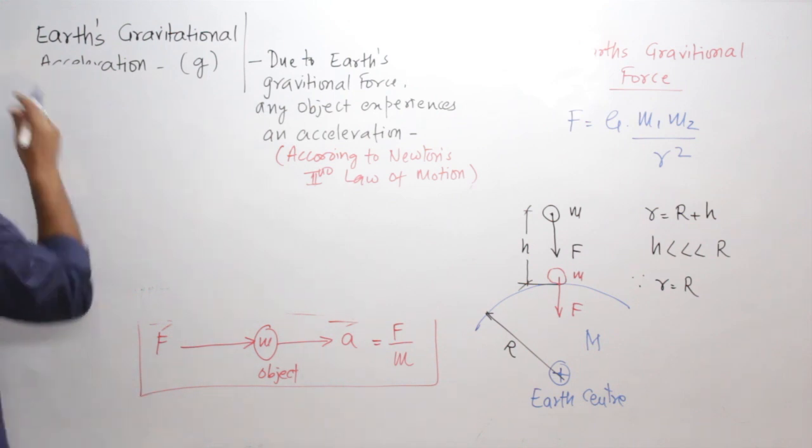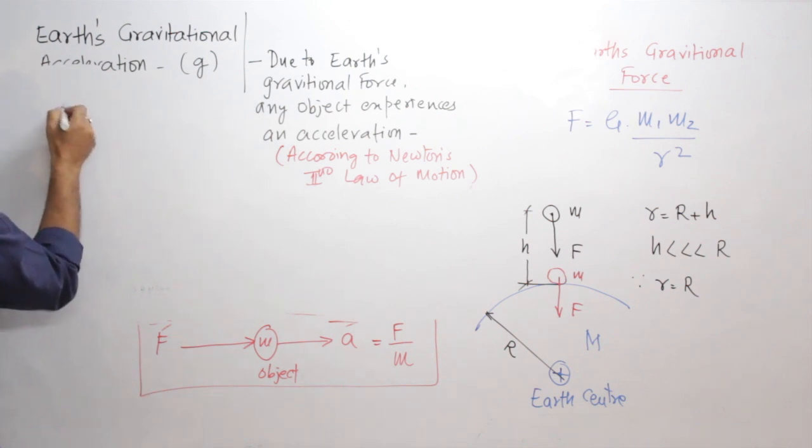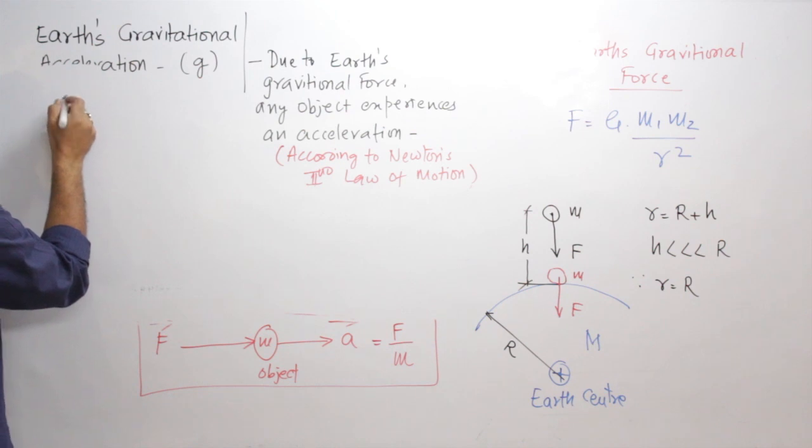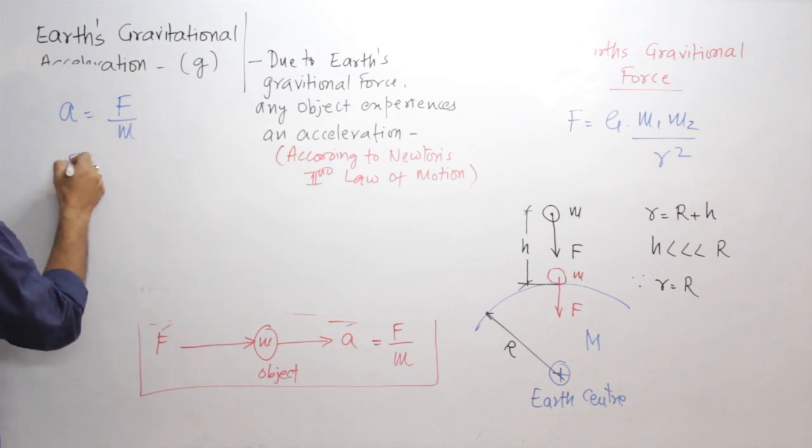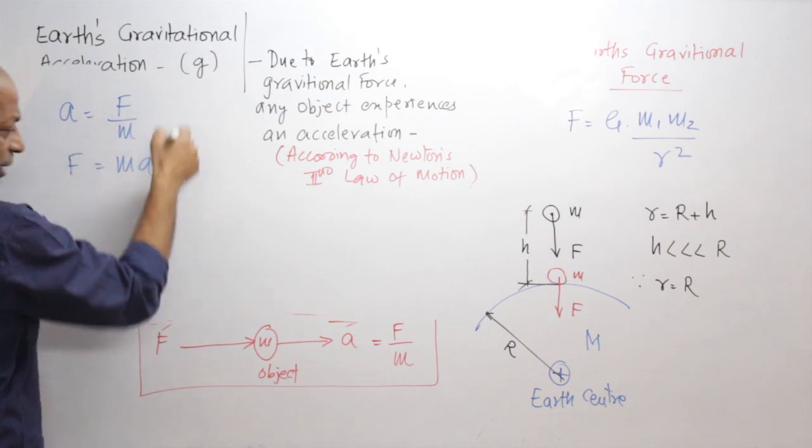The first thing: this law says F is equal to ma, or acceleration is equal to F by m, or you can say F is equal to ma, both are same.